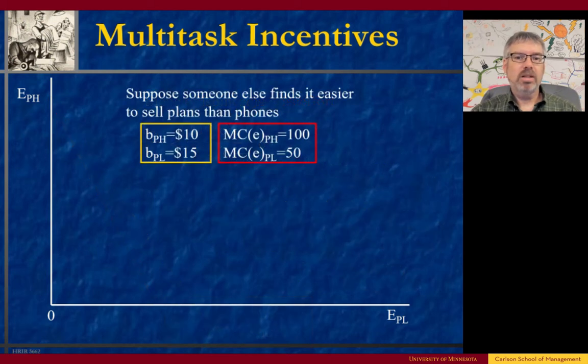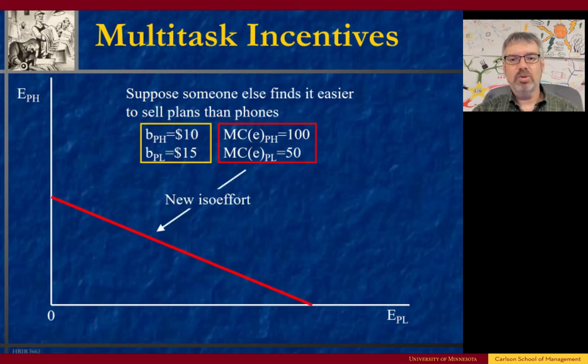Now there might be a different person, maybe more numbers oriented, or who has big fingers and has a hard time operating the keypad on a phone, whatever the case may be. There might be a different individual with a different set of costs. Now the rewards are the same because it's the same store providing the same incentive, but maybe a different individual finds it more costly to devote effort towards phones.